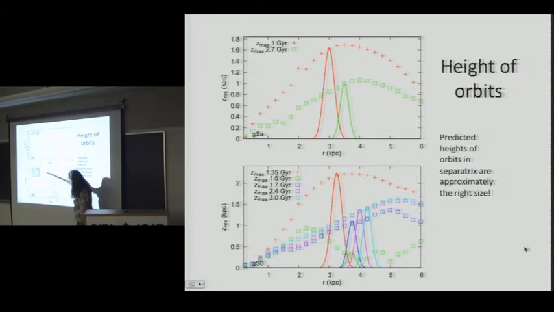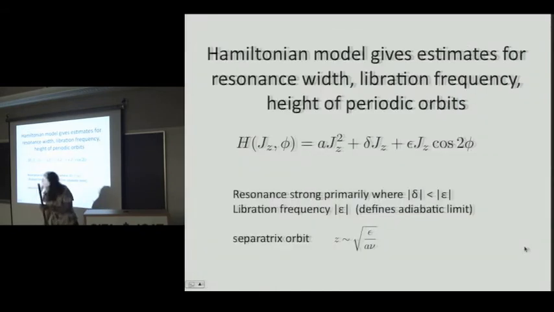And the great thing is that I get heights of about a kiloparsec, which means that the resonance is strong enough to explain the heights of the stars in the peanut shapes. So even though they're narrow and the Fourier component is not that big, this A coefficient is pretty small, this Z for the height of the orbits turns out to be pretty large, actually.